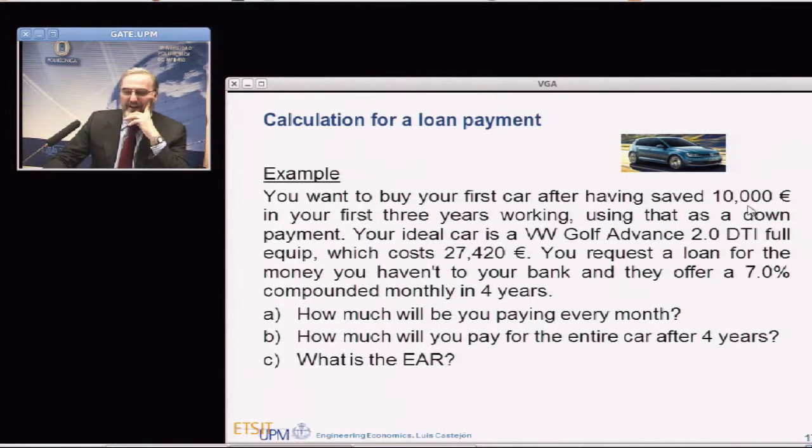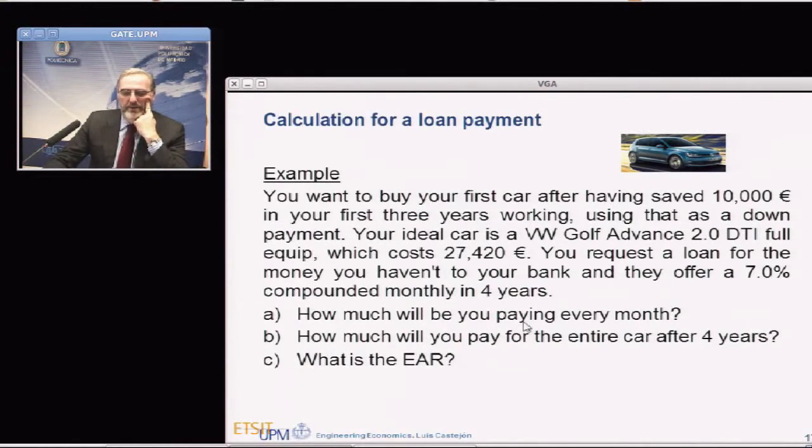After having saved 10,000 euros in your first 3 years working, you use this amount, 10,000, as a down payment. Your ideal car is this one, a Volkswagen Golf, fully equipped, which costs 27,420 euros. So you request a loan for the money you don't have from your bank, and they offer a 7% compounded monthly in 4 years.